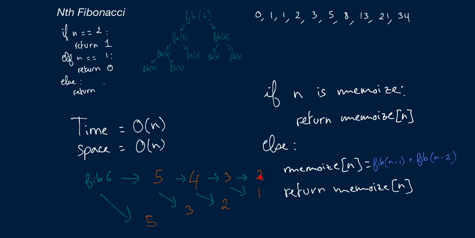Once we get to Fibonacci of 2, which is in our hash table, and Fibonacci of 1, which is in our hash table, we then get the answer for fib of 3, stored in the hash table, which then gives us the answer to fib of 4, which we store in the hash table, and so forth. Any other computations, we just access from the hash table, and they're constant time.